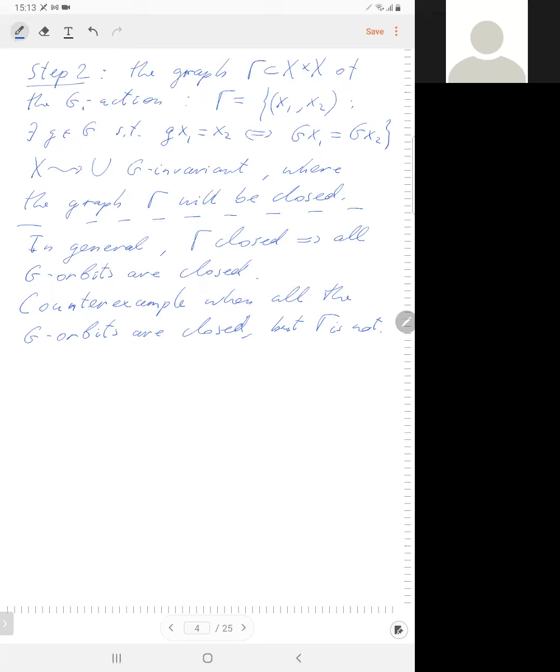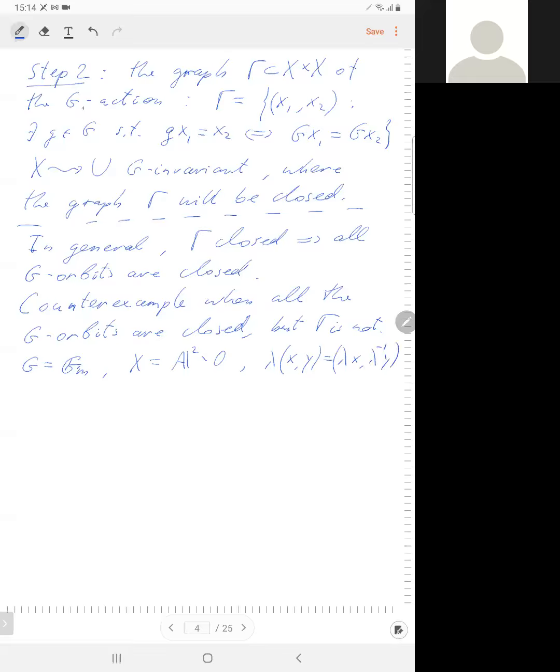In this counterexample, G will be the multiplicative group, the simplest possible not finite group, and X will be just the two-dimensional plane, but without the origin. And the action will be the hyperbolic action. So lambda times (x, y) will be (lambda x, lambda inverse y).